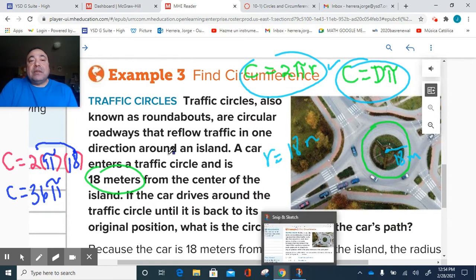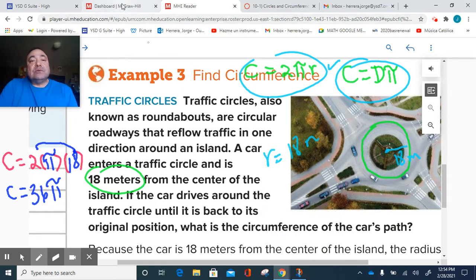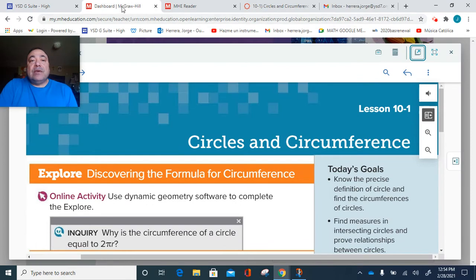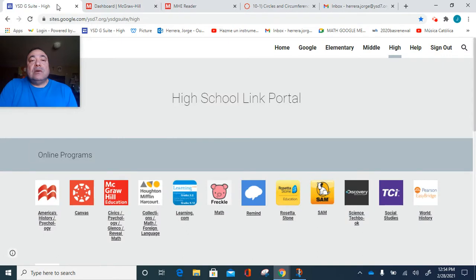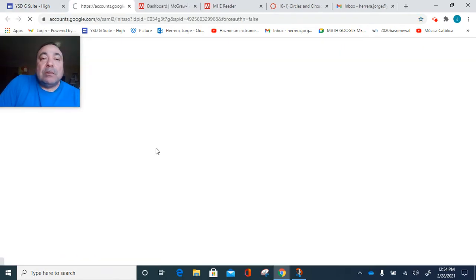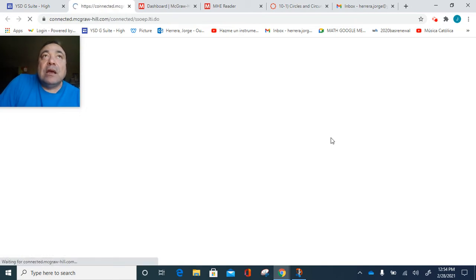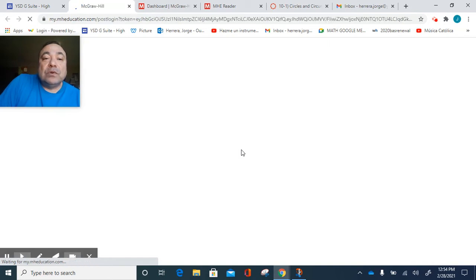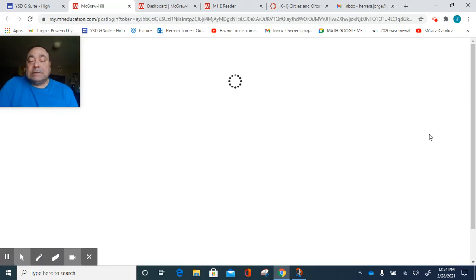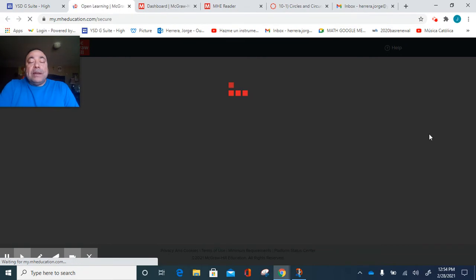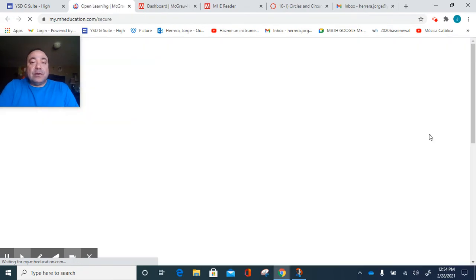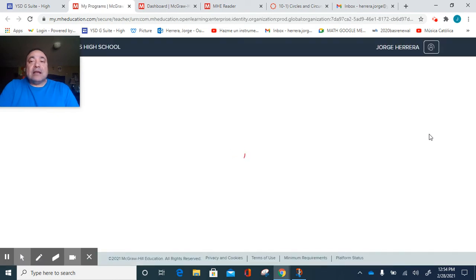The best way to do this, guys, is to always go to your dashboard right here and try to use the calculator, your Desmos calculator. So you go to your geometry class, open the dashboard for the book, and it should get you immediately to that calculator.